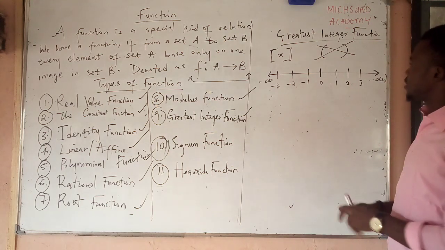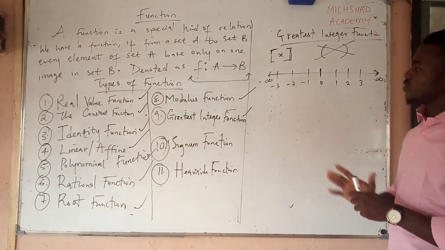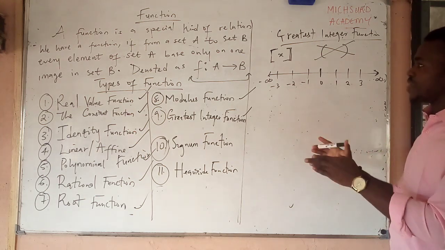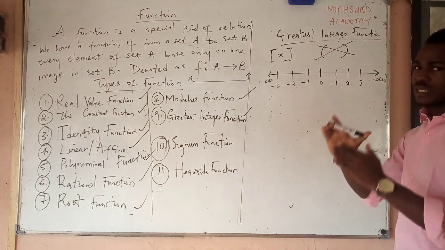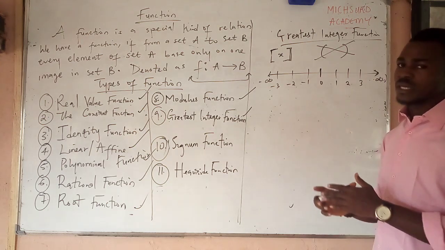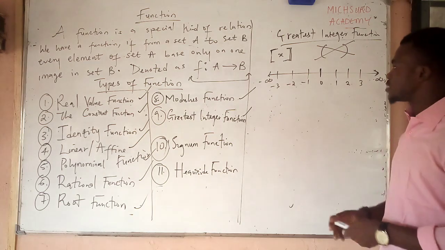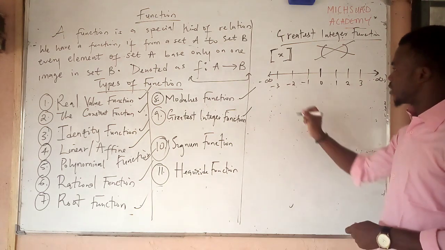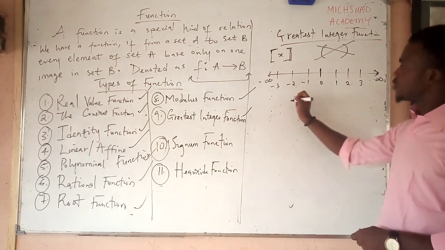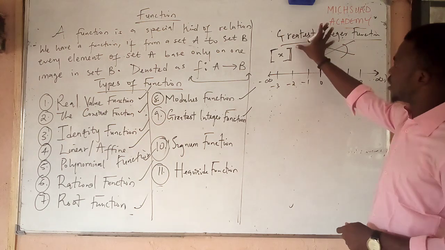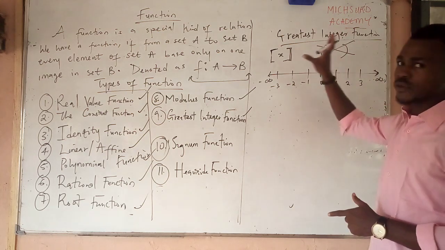These are sets of real numbers. We already have a tutorial video for the number system where we talk about the natural numbers, the real numbers, the integers, and so on. You can check that video on the link placed in the notification box. Now we use the number system to explain this greatest integer function.